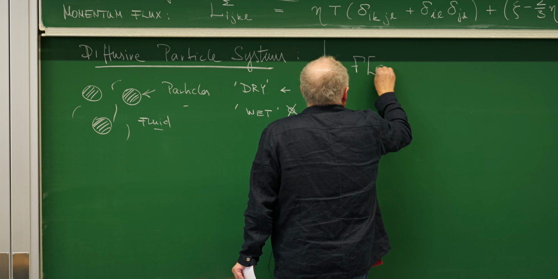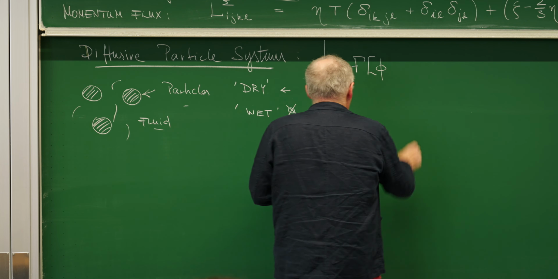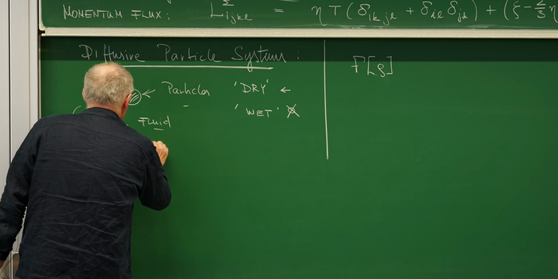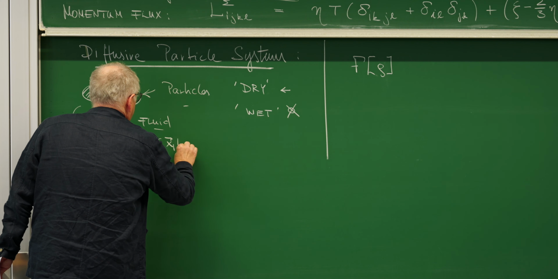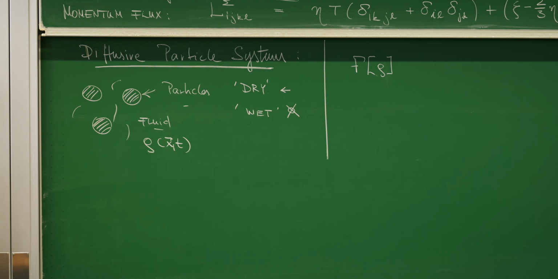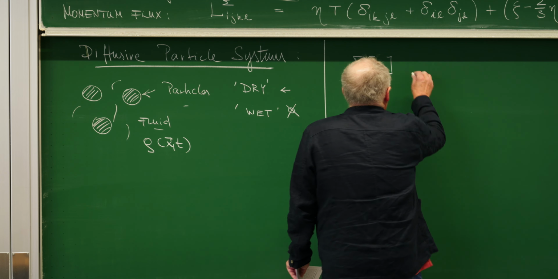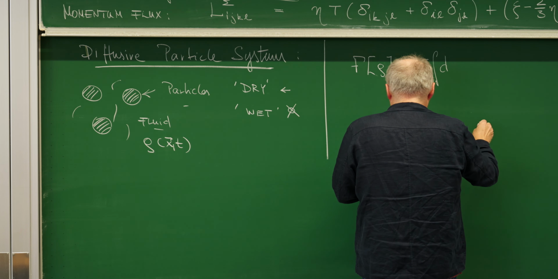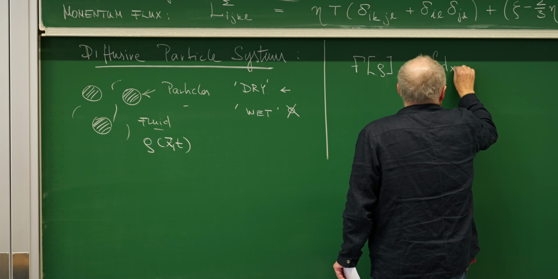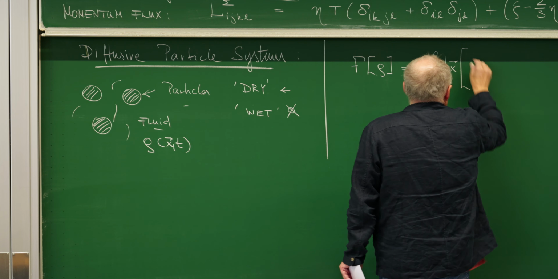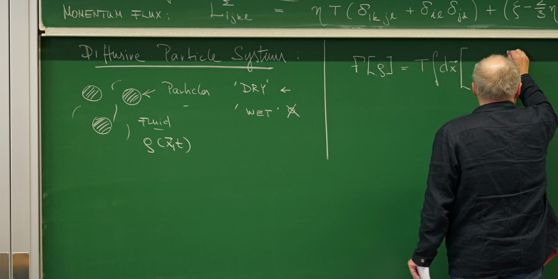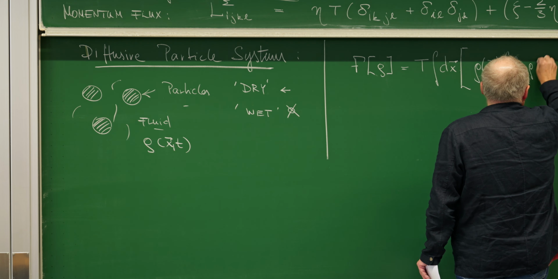And let's say we have a free energy functional for our density of these particles. So rho of x and t is the particle density of our Brownian entities here. And let me write this down. This is a space integral over all space. Then it has a term which is simply the ideal gas term.